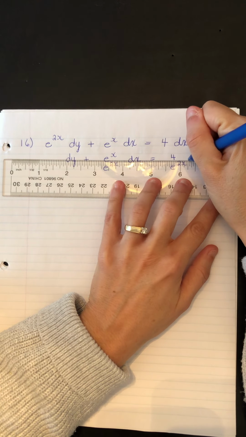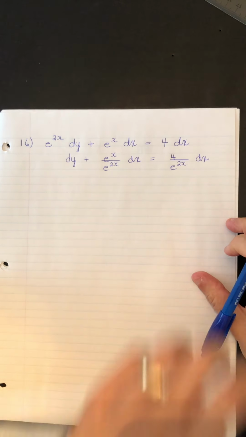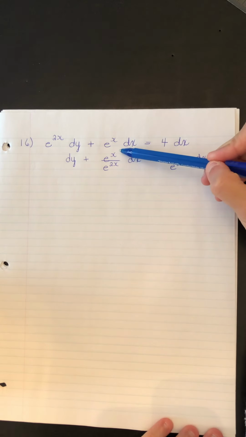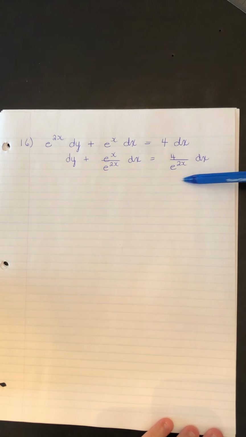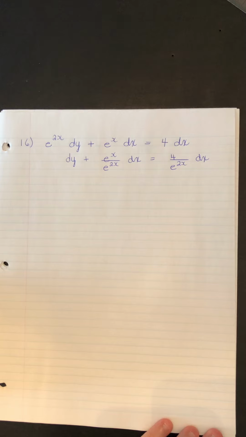And I think that has now taken care of the issue. We have now separated the variables appropriately because there is no y in here, there is no y in here, and there is no x here. So we're ready to integrate.